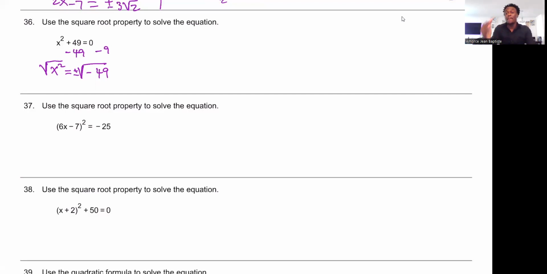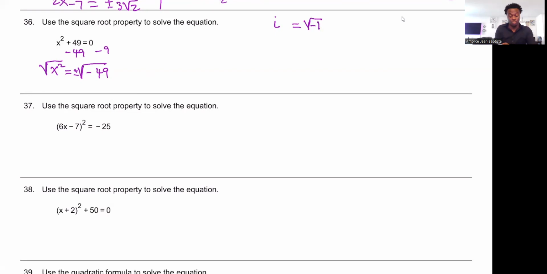We've seen that before when we were doing radicals. Whenever we're solving a radical with an even index and a negative number, we should consider the i property, where i equals the square root of -1.